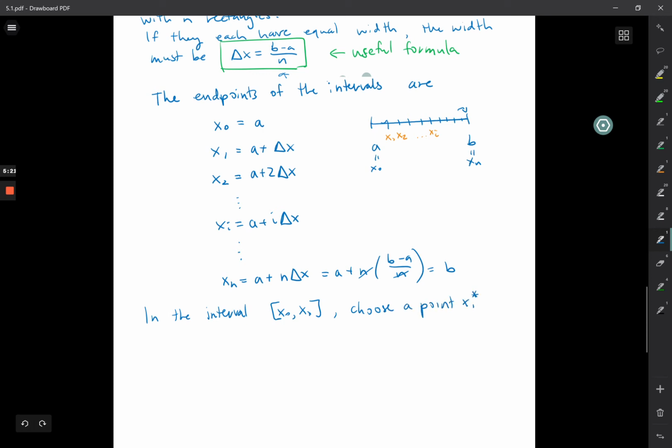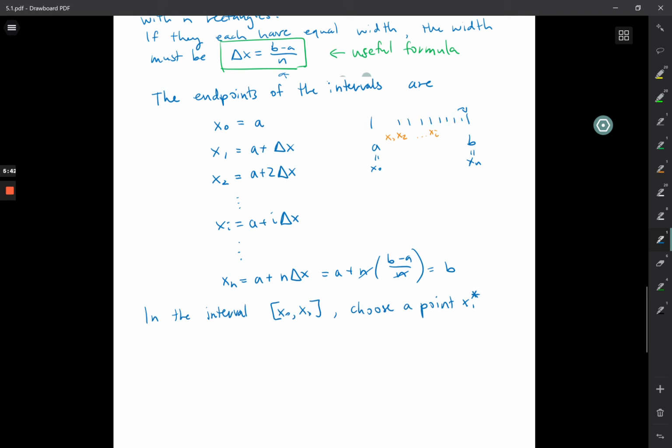And this point is going to be the one that we evaluate the function at to get the height of our approximating rectangle. And so, like I said, it could be a left-hand endpoint, it could be a right-hand endpoint, but it could be something in the middle.